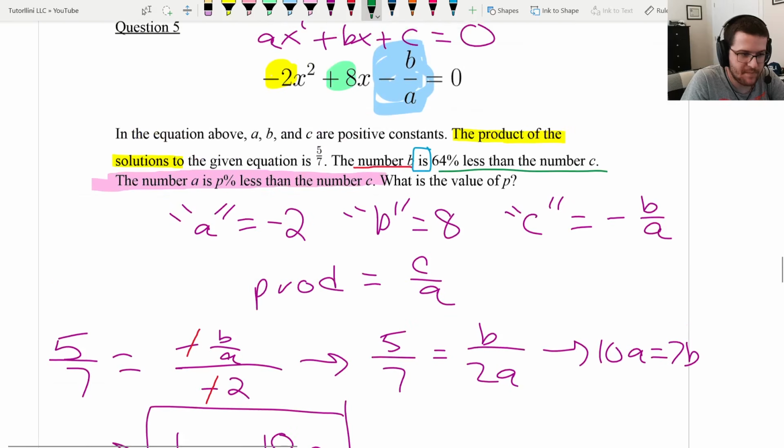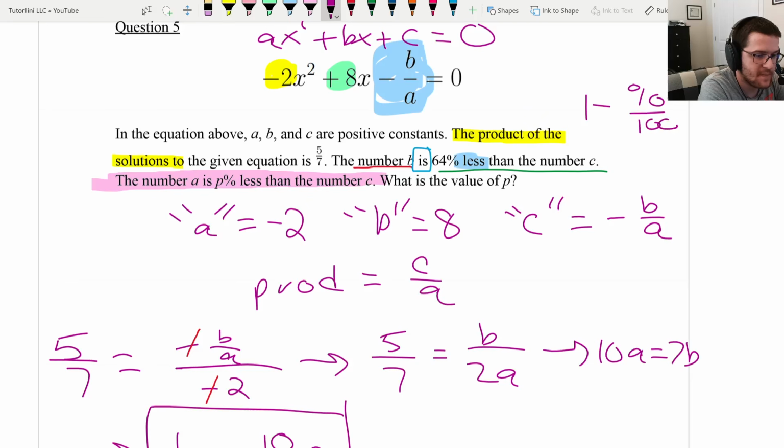So for this one, we need to do a percent multiplier, 1 plus or minus r. Or if you remember from my slides, I said 1 plus the percent divided by 100 and 1 minus the percent divided by 100. Because it says the word less, that's a decrease. So we're going to do 1 minus the percent divided by 100.